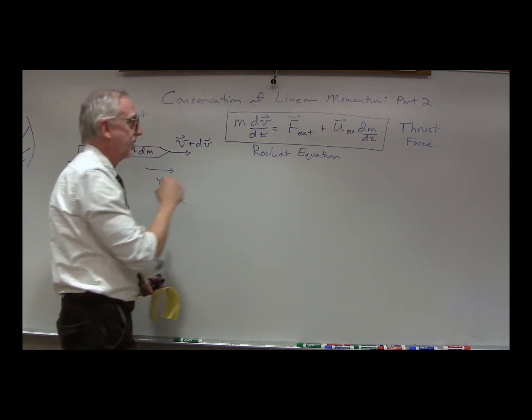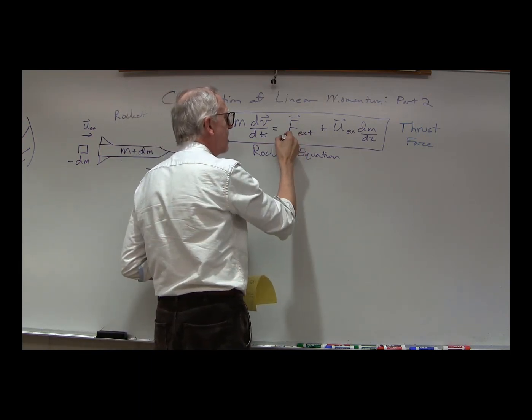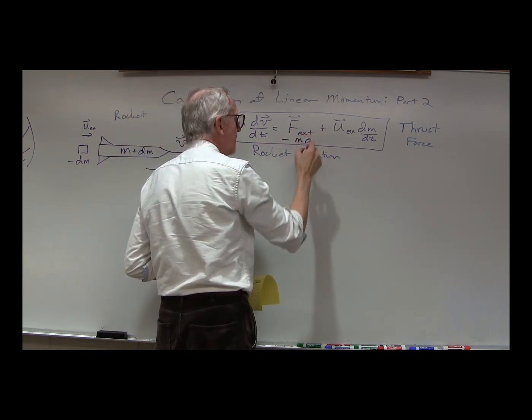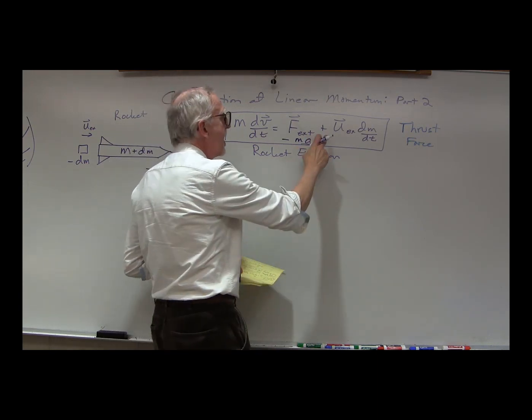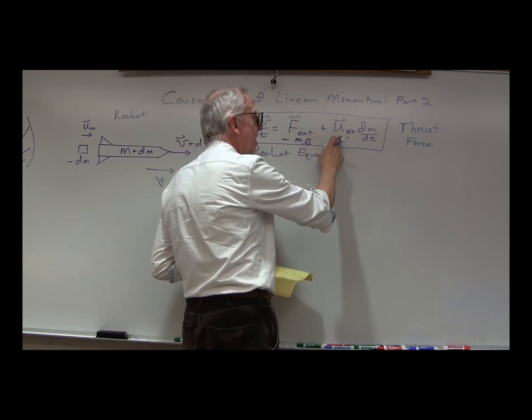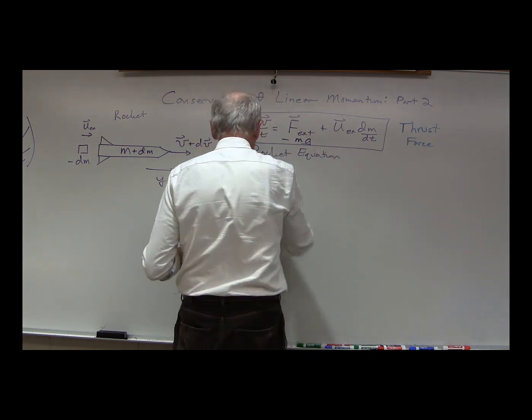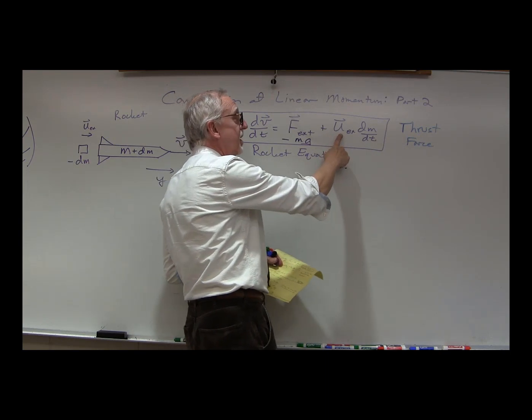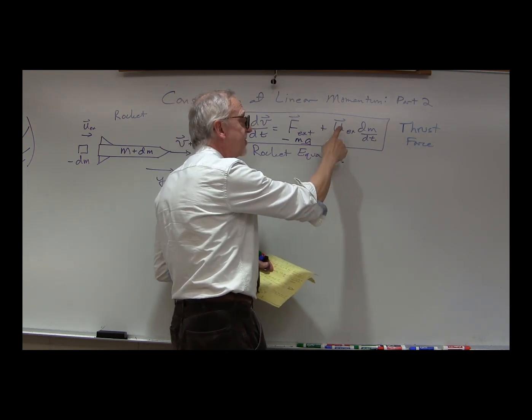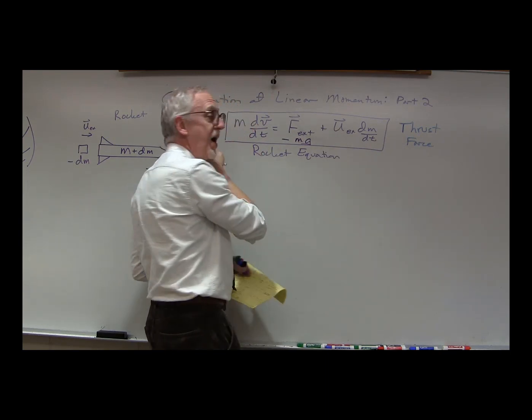It's going to be its weight. So the force is going to be minus mg, acting backwards. And then the exhaust velocity, that we know is in the negative direction, and so we will take that as negative u y hat.